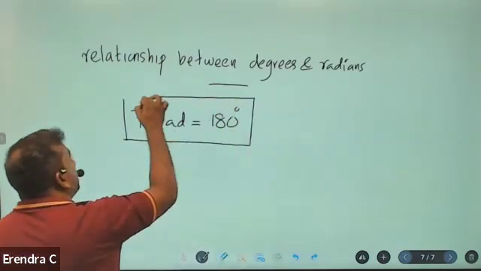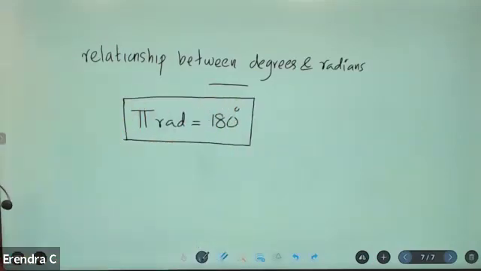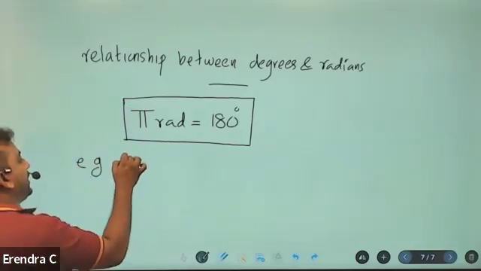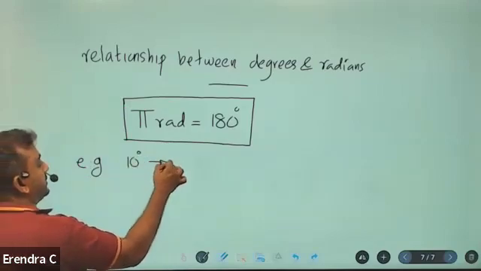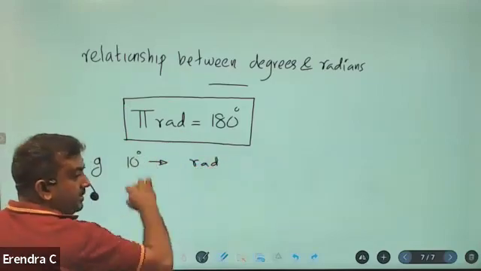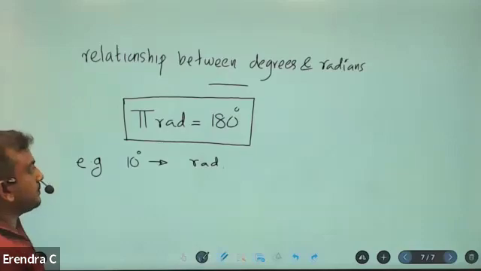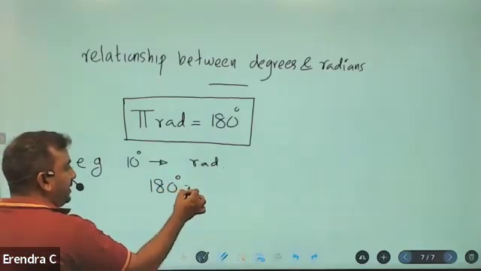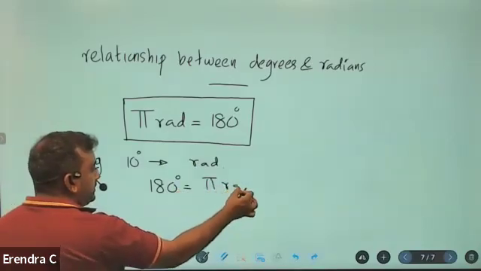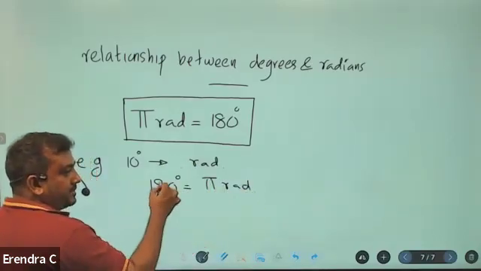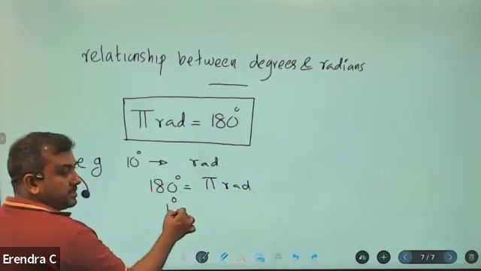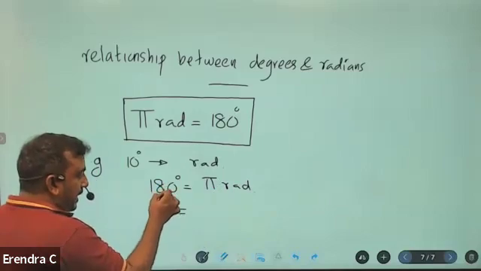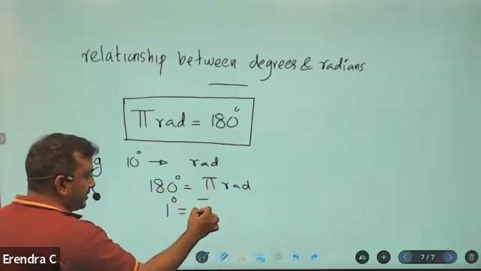Right. Now, what if they ask you to do a small conversion? For example, they'll ask you to convert 10 degrees to radians. How will you do this? Very simple. You all know from O level time, 180 degrees is pi radians. 1 degree is how much?